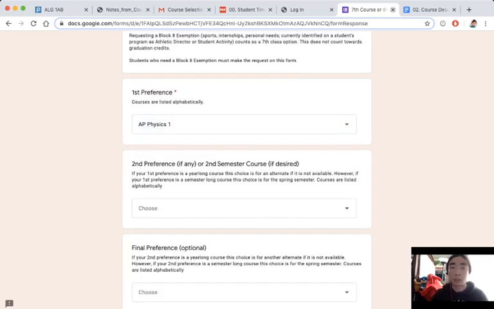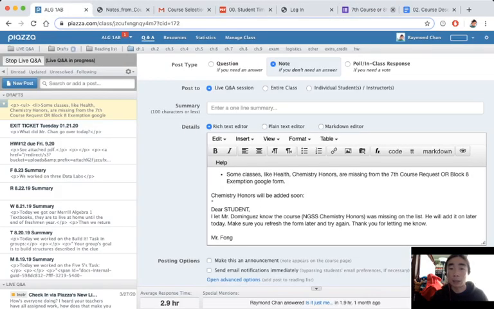A student has already emailed the department chair and he's going to update this form. Mr. Dominguez is going to update this Google form, and then the information we get in real time is going to be posted on Piazza. Another example is that health is also missing from the 7th course request Google form. That's probably going to get fixed later, but that's something we noticed and I pointed out. Other classmates probably have the same questions you do, so ask it on Piazza so others can get the help that they need.